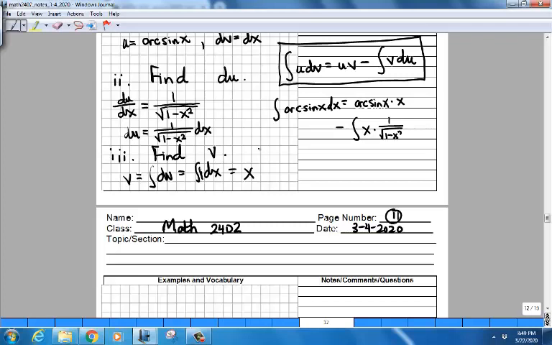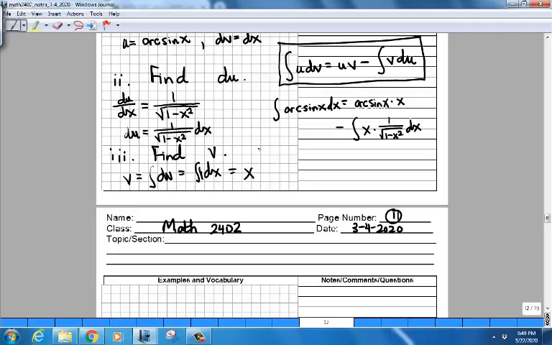So if we can now calculate the antiderivative of x times 1 over the square root of 1 minus x squared, then we'll be finished with the integration by parts.